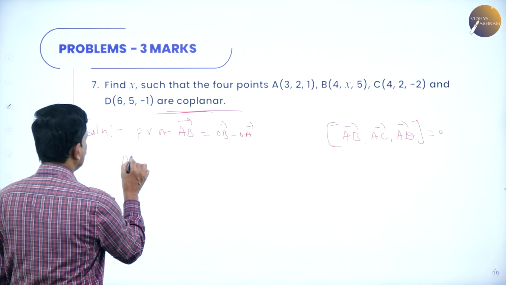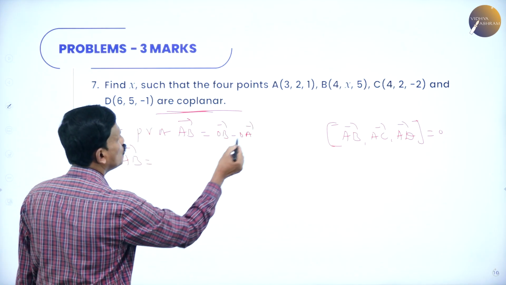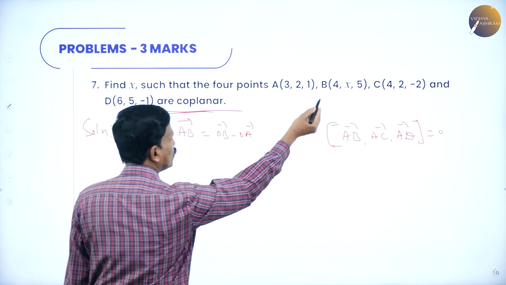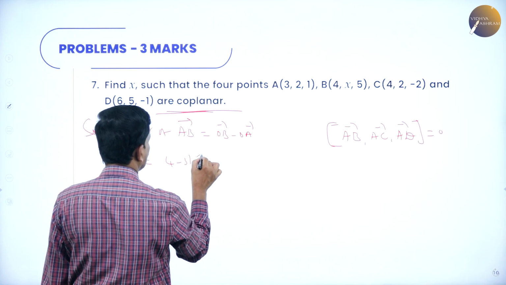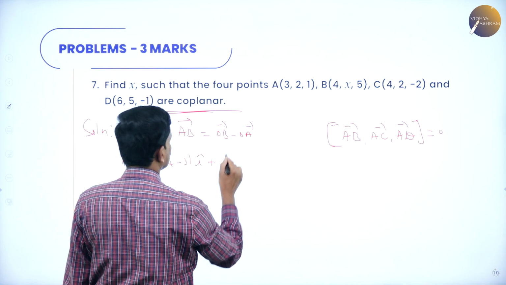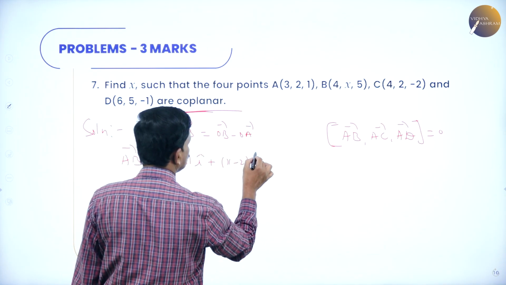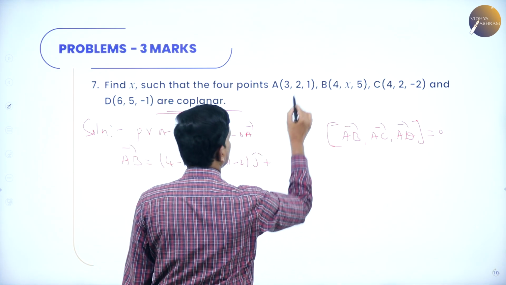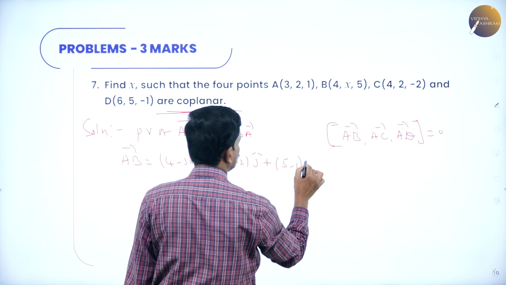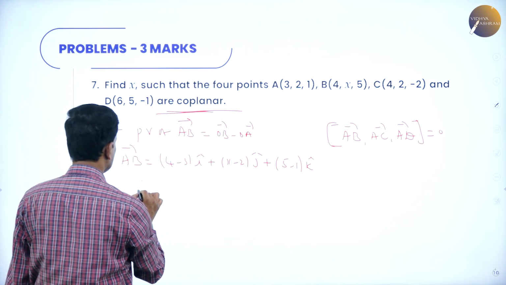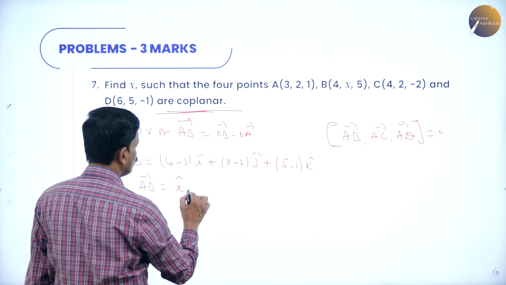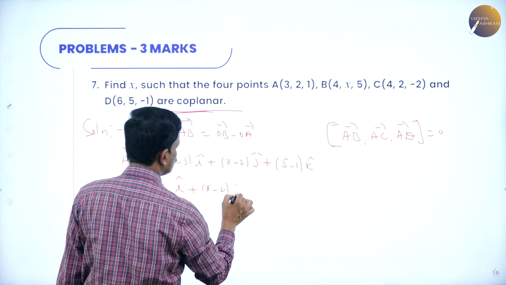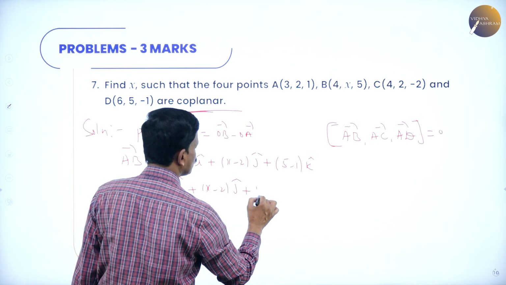So therefore vector AB is equal to OB minus OA, and if you want you can straight away write 4 minus 3 into I plus X minus 2 into J plus 5 minus 1 into K. So vector AB is equal to 4 minus 3 is 1I plus X minus 2 into J, 5 minus 1 is 4K.